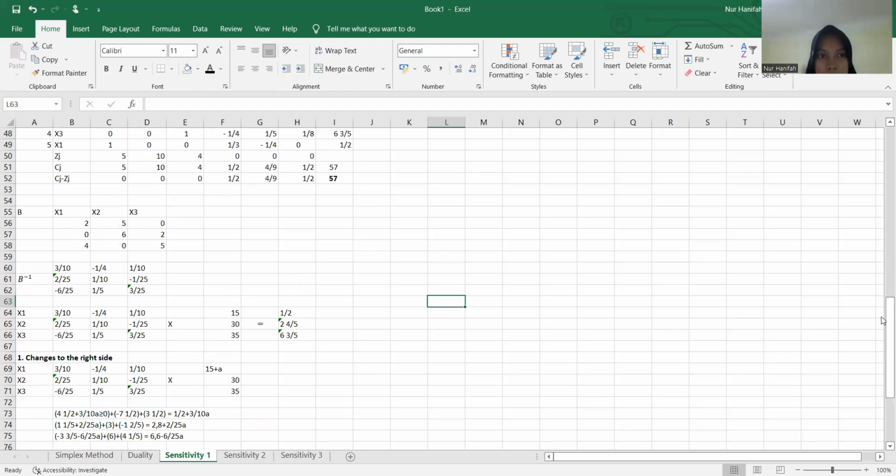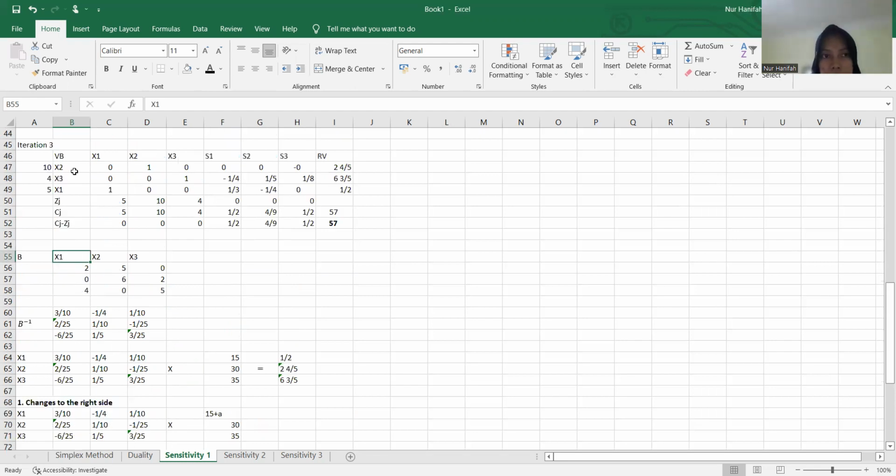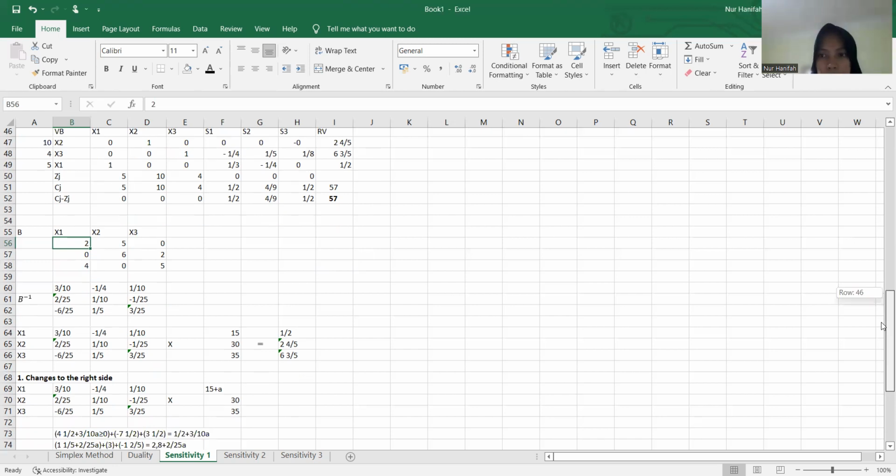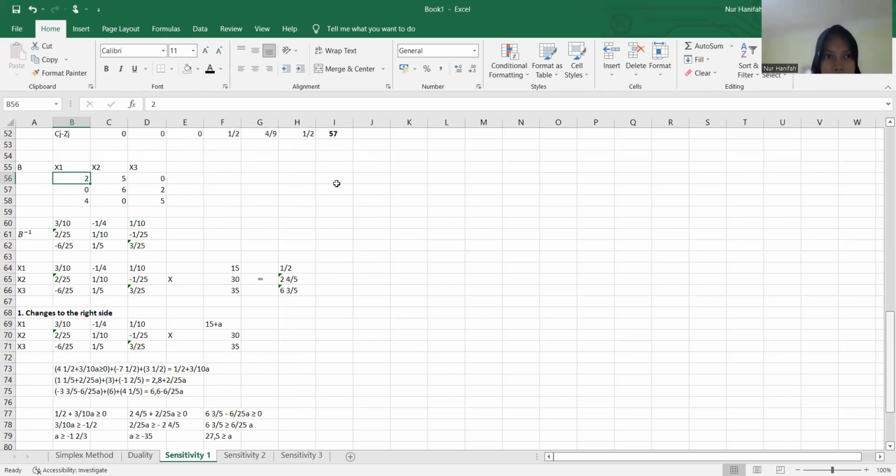In the last iteration, we have the variables x2, x3, and x1. So we write the variables in here, and this is the value of the original row.